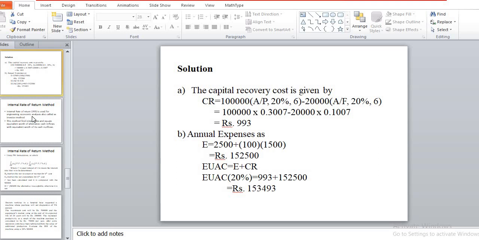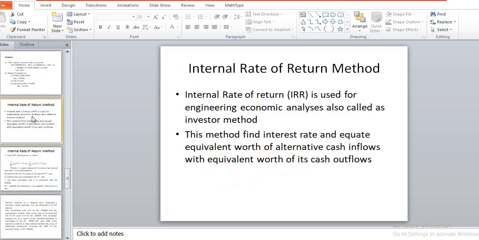Now we move toward the next point, the internal rate of return method. This method is again used to evaluate or conclude whether projects are economical or not. In previous videos we discussed three methods.